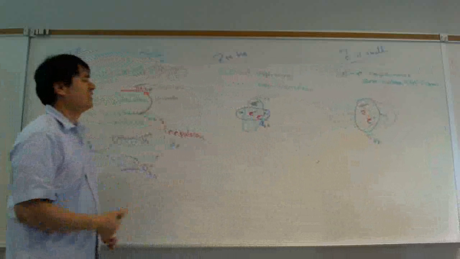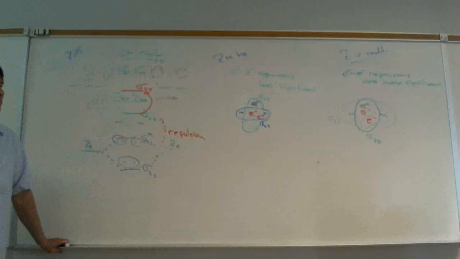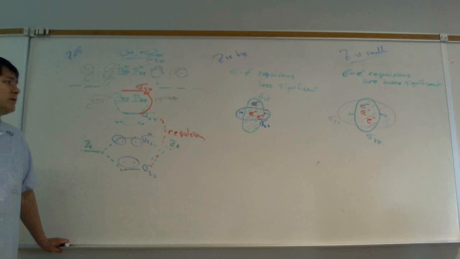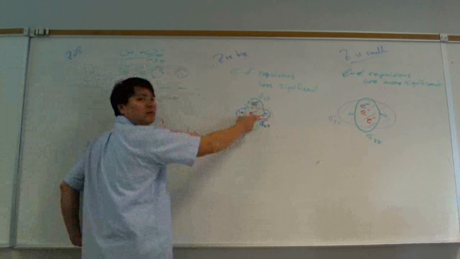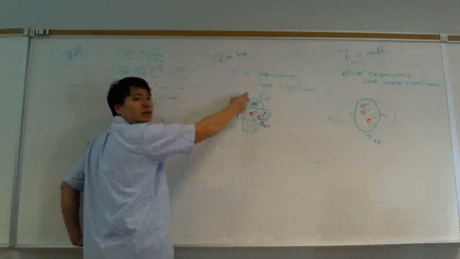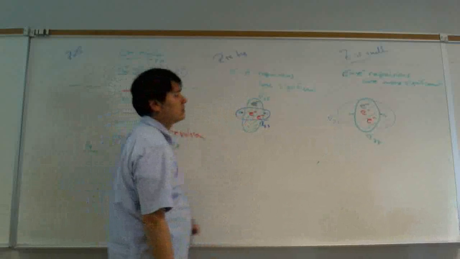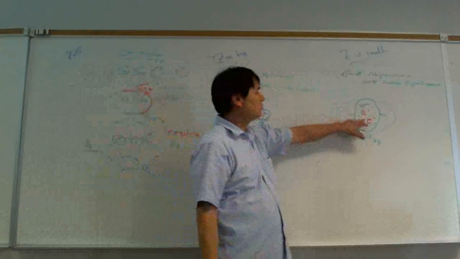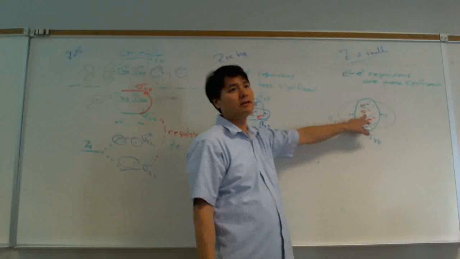Which one do you think has less repulsion between the green electron and the red electrons? The first one, because the first one is going to concentrate the red electrons into a smaller volume. Therefore, the green electrons occupy this larger volume here. Versus if we look at the green electron and the red electrons here, they're occupying the same volume.